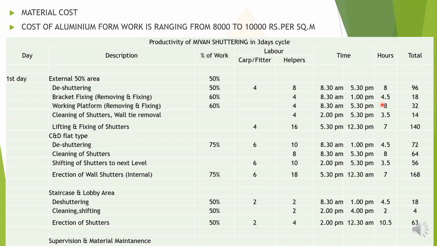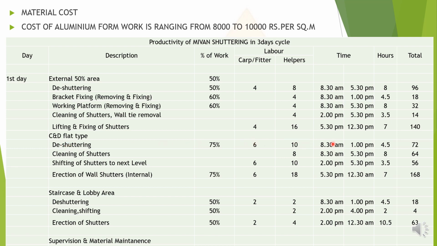Working platform, removing and fixing 60%, 4 helpers, 8 hours, that is 32. Cleaning of shutters, wall tie removal, 4 helpers, 3.5 hours, that means 14 hours. Lifting and fixing of shutters, 4 carpenter fitter, helper 16, 7 hours, that is 140 hours.